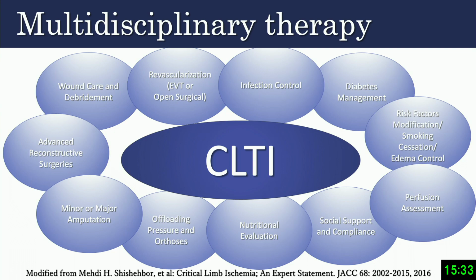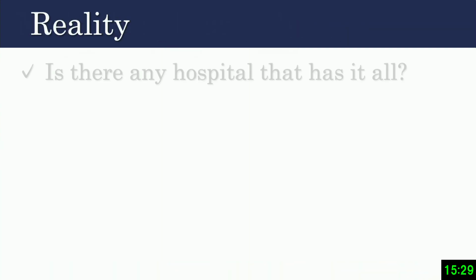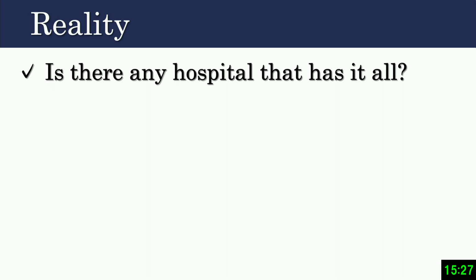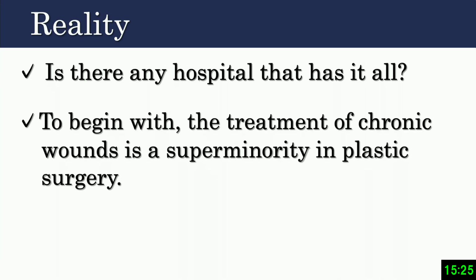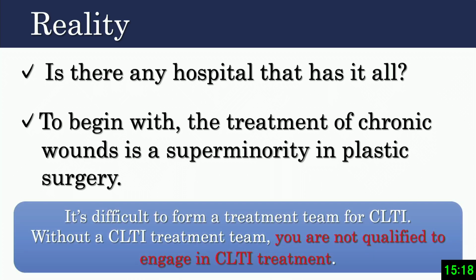These factors are very important. But in the real world, is there any hospital that has it all? To begin with, the treatment of chronic wounds is a super minority in plastic surgery. So that's why it's difficult to form a treatment team for CLTI. But without a CLTI team, you're not qualified to engage in CLTI treatment.